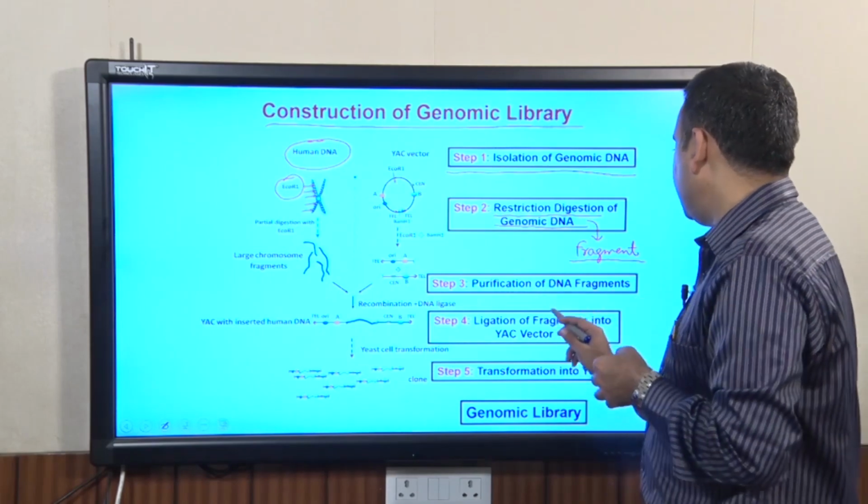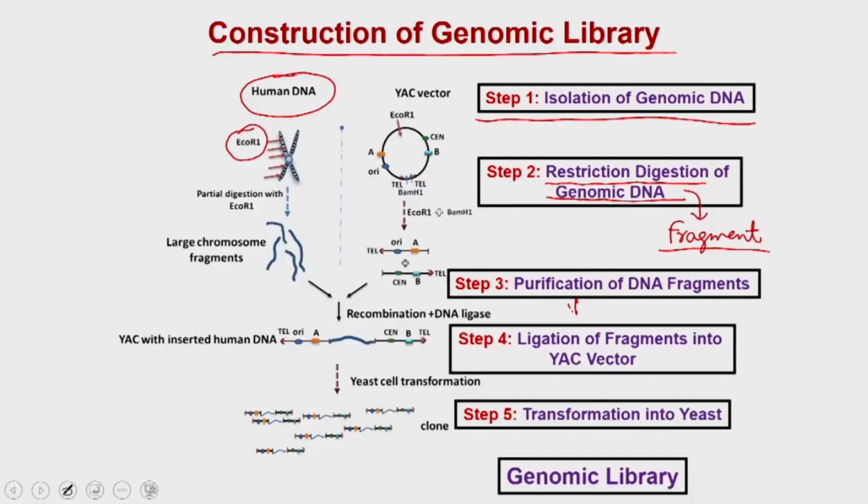Once you got the purified fragments, you are going to put these fragments into a yeast artificial chromosome vector. For this, you take a YAC vector, and you also digest that with EcoR1, and now your YAC vector is ready for the ligation reactions.